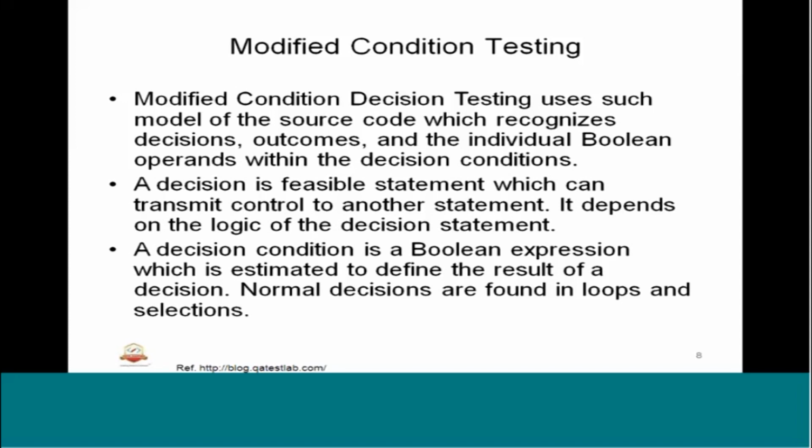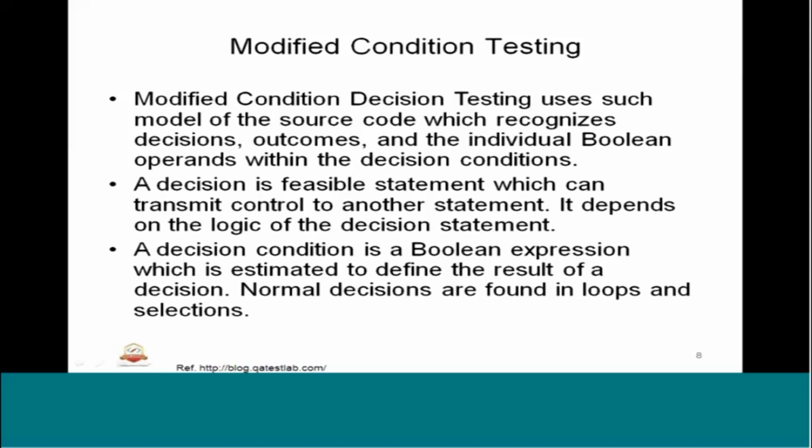Based on the need of that, we are going to test it, with the help of all the decisions, the individual Boolean operands within the decision conditions, and the outcomes of the result. That is also a deciding factor for modified condition testing. So we are going to have all these possible combinations.